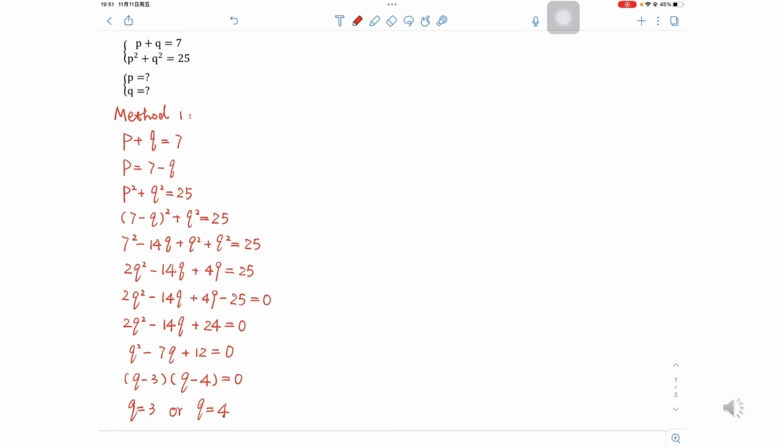Since P plus Q equals 7, the solutions are these. Q equals 3, P equals 4. Q equals 4, P equals 3.